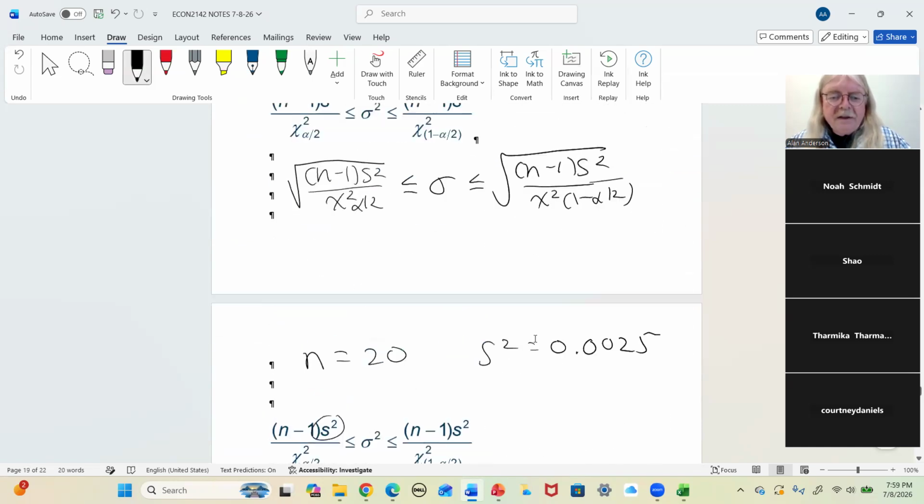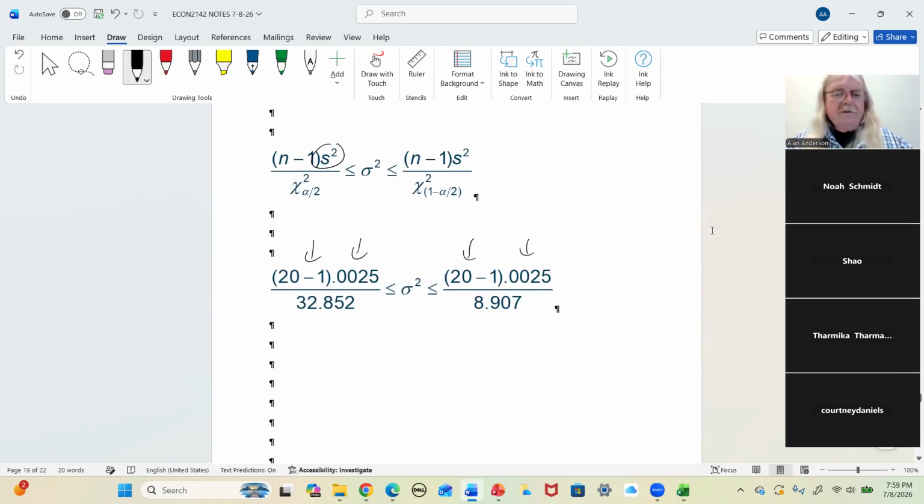And so then you've got to calculate this with your calculator. So if you plug those in, the one on the left is 0.00145, let's say. On the right, 19 times 0.0025 divided by 8.907, about 0.00533.